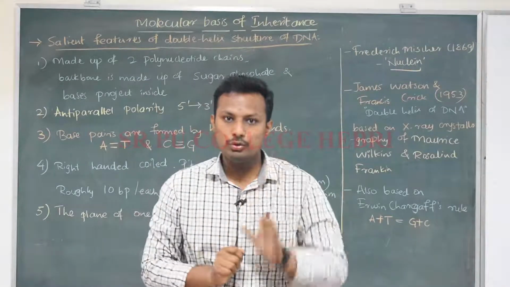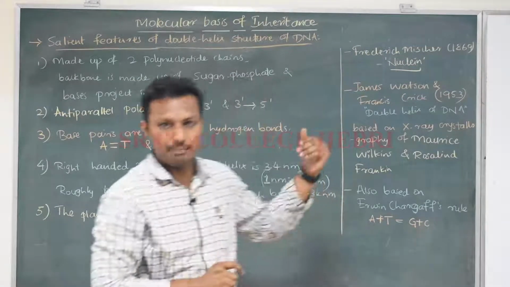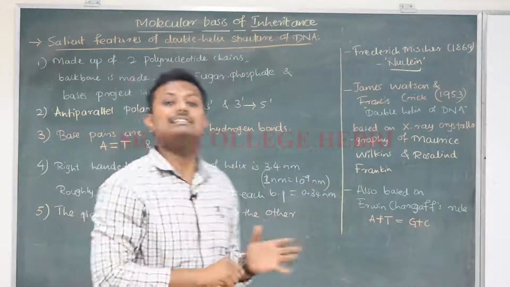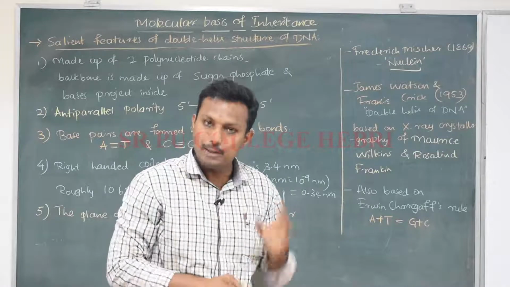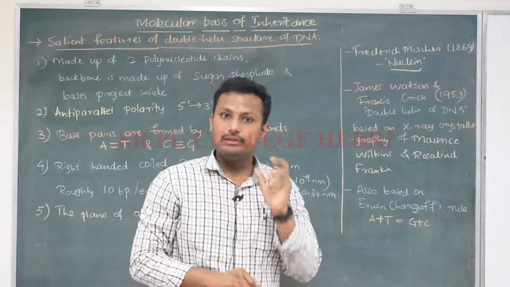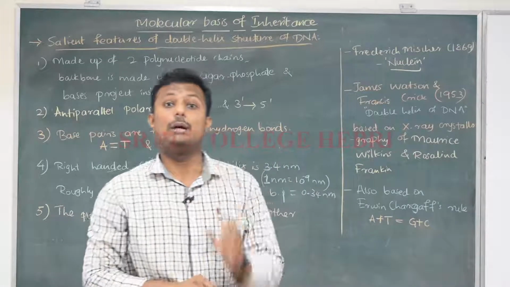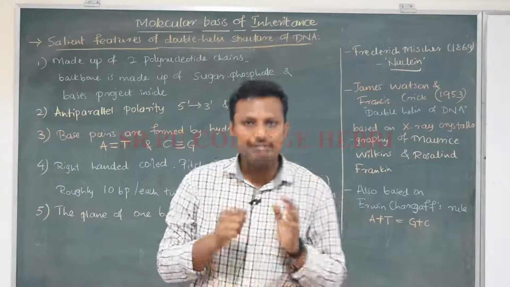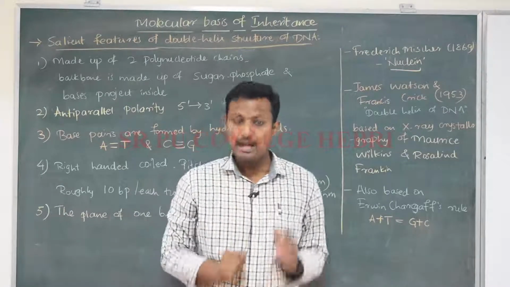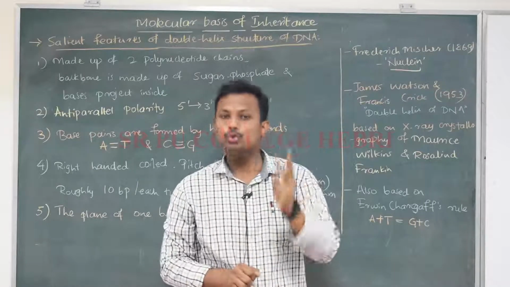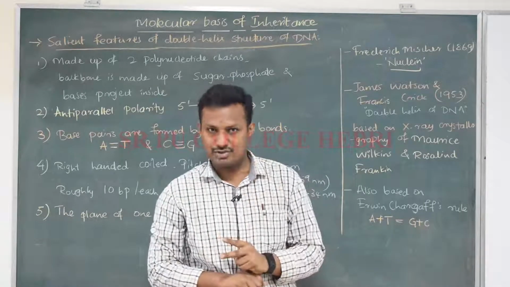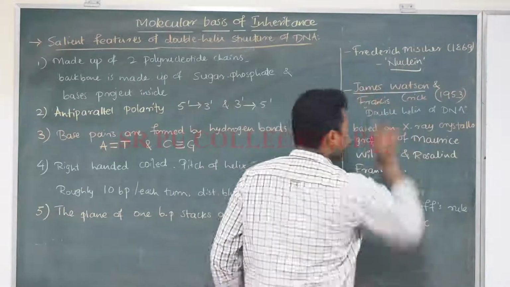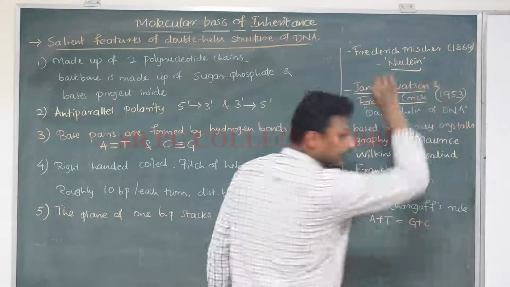Now in today's session, let us study more about DNA. DNA is well understood by the model called the double helix model or double helix structure. It is a very famous, well-known model even today, and it was proposed by two well-known scientists, James Watson and Francis Crick.